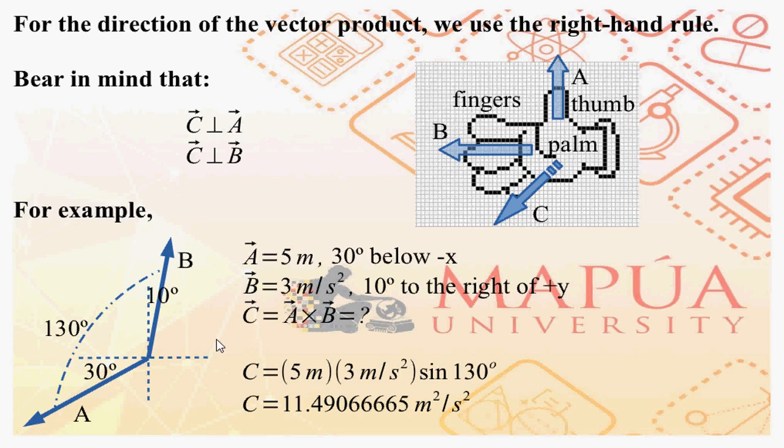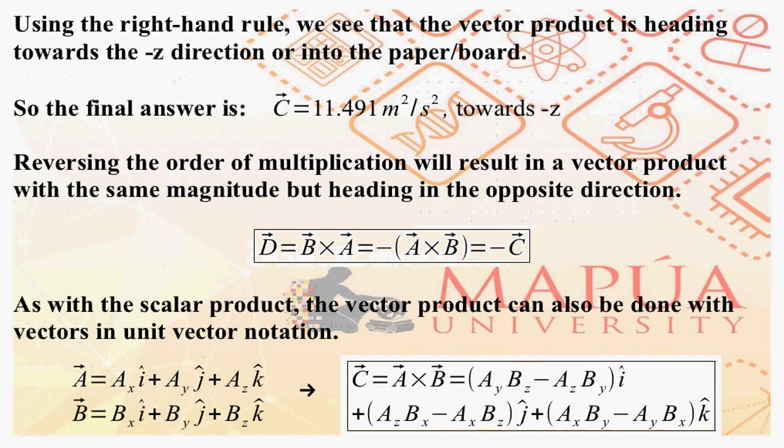If you do it properly, vector A is your thumb, vector B, the second vector, is your fingers, and the direction of vector C is your palm. Your palm will be heading towards the paper or board or screen.